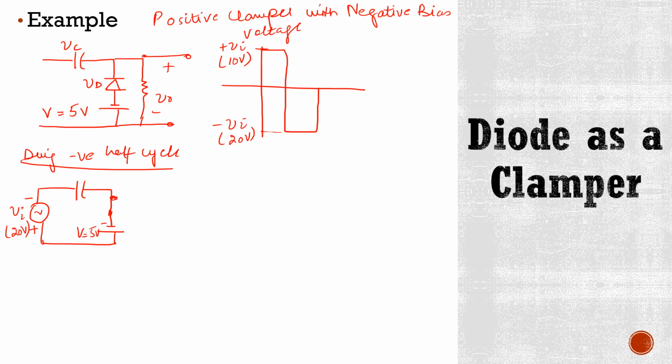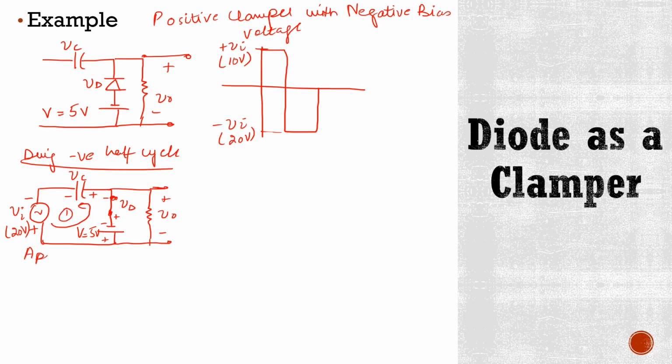This is negative, this is positive, and this is the direction of flow. So this terminal is positive, this is negative. This is VC, this is VD, where this terminal is positive, this is negative. And here we have V0. This is positive, this is negative. Okay.